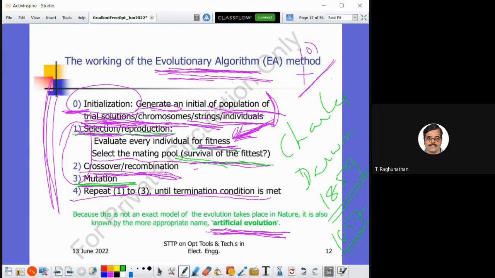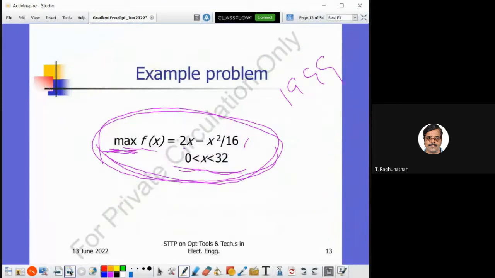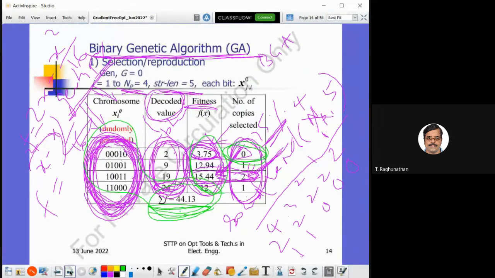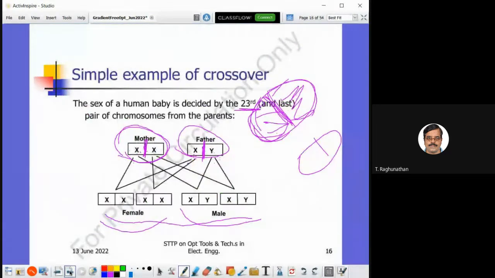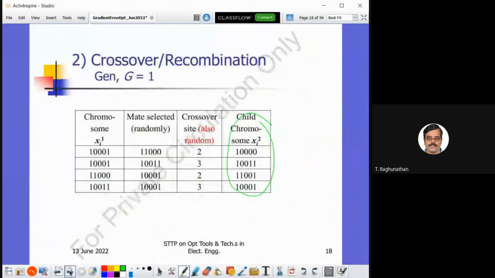Okay, so that is what we try to do in this algorithm, any evolutionary algorithm, because other than the genetic algorithm, there is also evolutionary programming, etc., which I'll show you now.